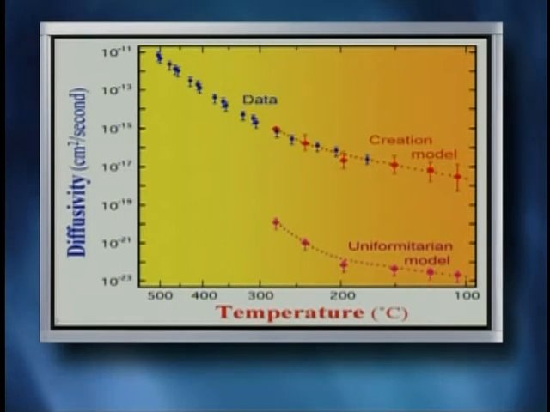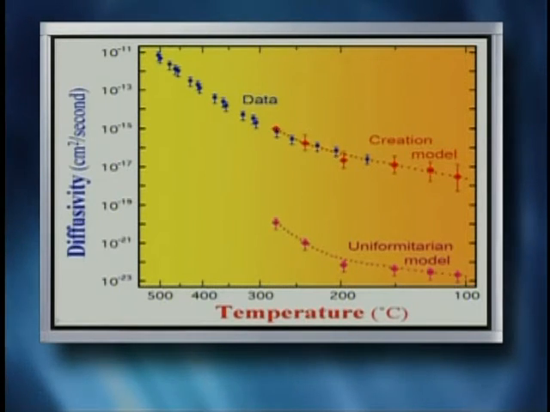The horizontal axis on this graph is temperature. Now, it's plotted backwards from what you would normally think of. The cold temperature is to the right, and the warm temperature is to the left. Up near the top, we plotted some data that we obtained from the core as a function of temperature, and the measurements in the blue dots that you see there indicate the relationship between how much helium would diffuse, how fast it would diffuse.